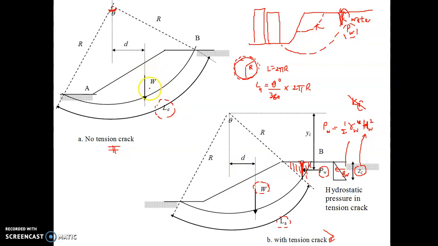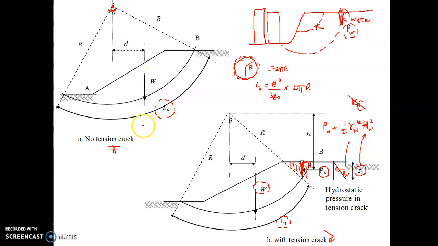And in the circular failure line condition, we usually use the moment concept to calculate the FOS. Weight times D, the distance between the initial point and the radius of failure, becomes the moment that induces failure.